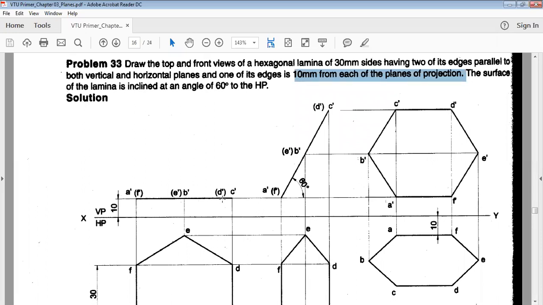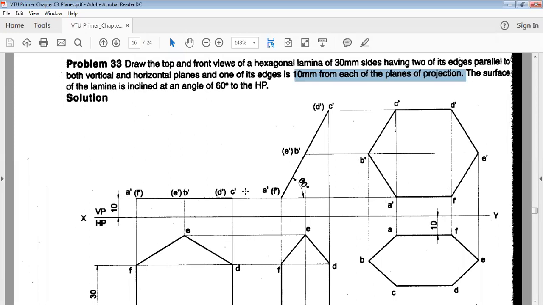Similarly, every lamina in any position is 10 mm from the plane. So that is very clear. Here also you measure 10 mm from the XY line and then give the position to the hexagonal lamina.